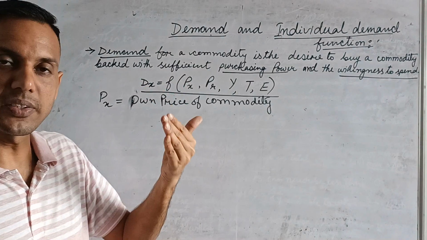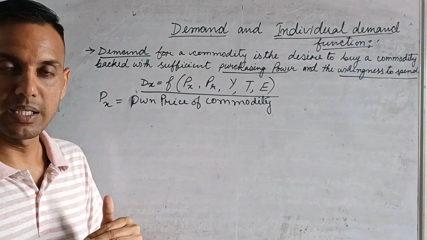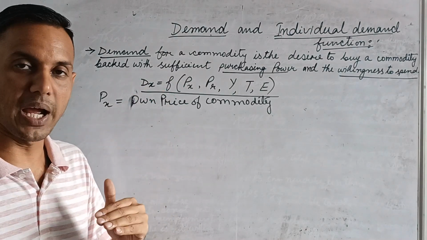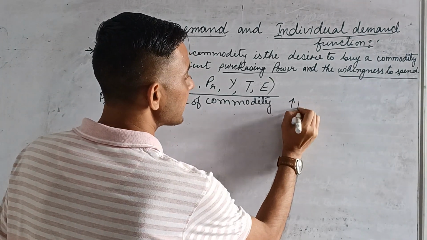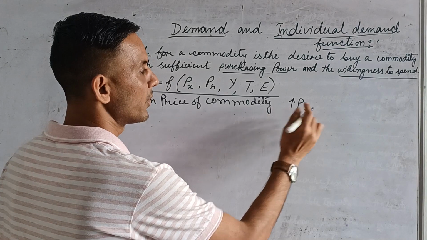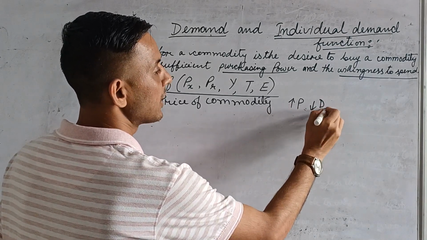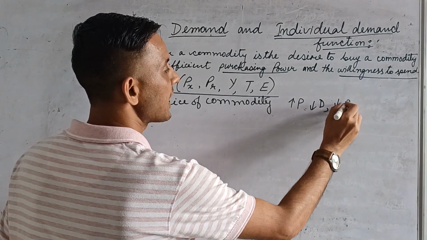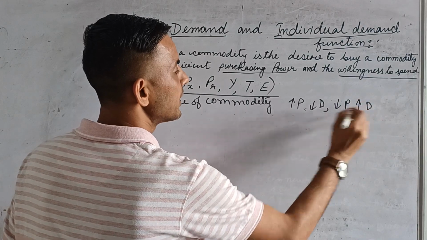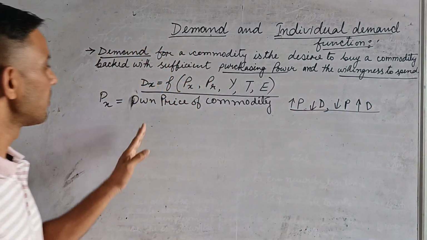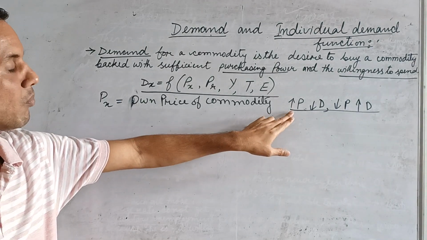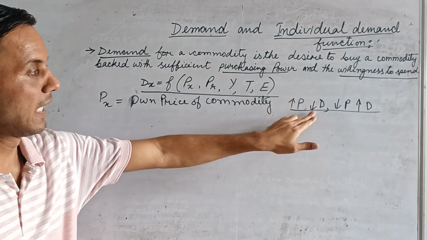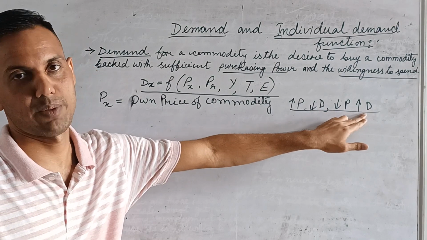If the price is more, then demand is less, and if the price is less, then demand is more. Clear? Own price of commodity, price can determine the demand.